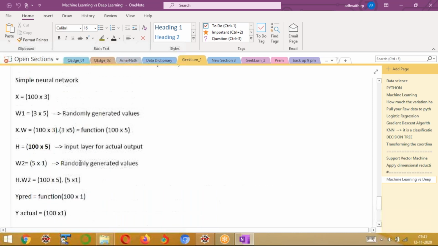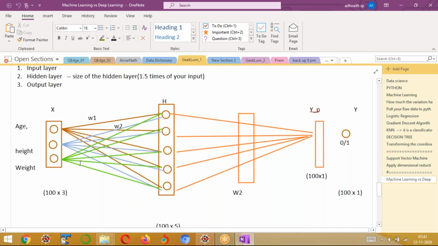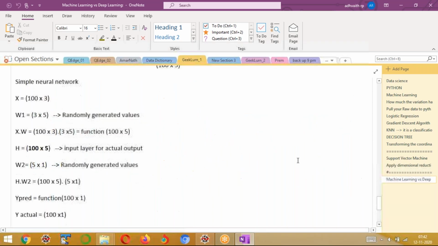So when we are creating the random values, making updates and closing that error, that is feed forward. When I go back and change my W2 values and W1 values and rerun the entire thing, that is called the back propagation method.